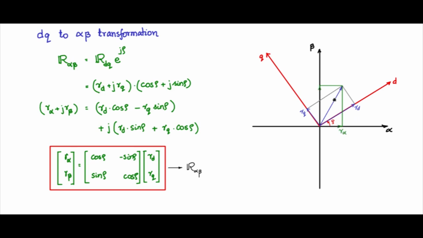Project this along the beta axis, you will get R beta. So this R alpha, R beta is what we want as the output, having RD and RQ as the input. So that is what this transformation has done. Knowing this, we will use this transformation and find out R alpha and R beta. For this, rho, the angle between the DQ coordinate system and the alpha beta coordinate system, should be known.